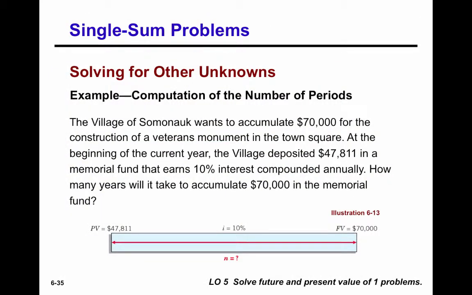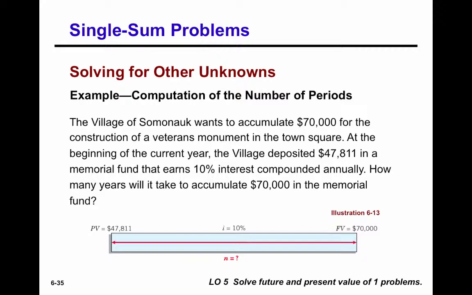Okay, we can also obviously, as I indicated before, find unknown amounts other than the dollar amounts that we're looking for. So in this particular example, we know what the present value is, we know what the future value is, we know what the interest rate is. What we don't know is how long it will take to accumulate that future value that we're after.